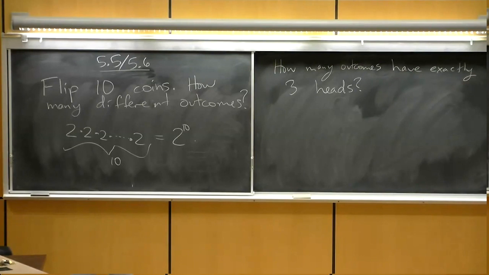Any thoughts? So this is somehow going to, like a lot of the problems we've been doing, this is somehow going to involve like permutations or combinations or something like that. So any idea how to think about this one? Yeah.